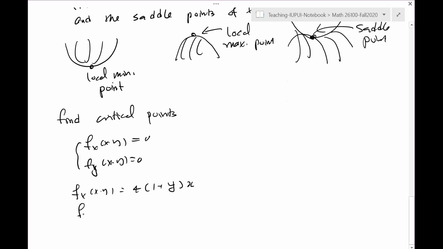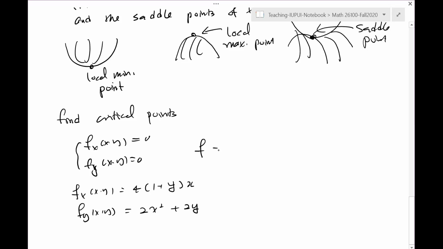And the partial derivative of the function with respect to y, I will get 2x squared plus 2y.